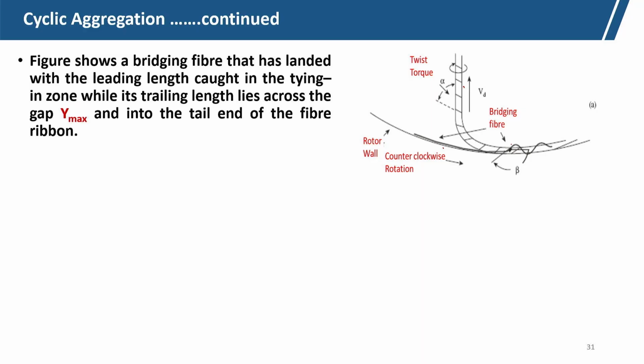The figure shows a bridging fiber that has landed with the leading end caught in the tying in zone, and the trailing length lies across the gap. This is the gap where the fibers are being deposited.